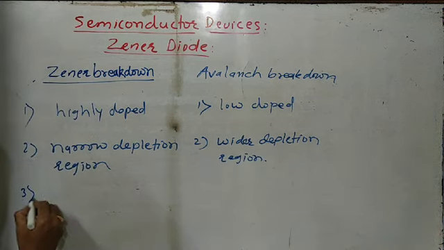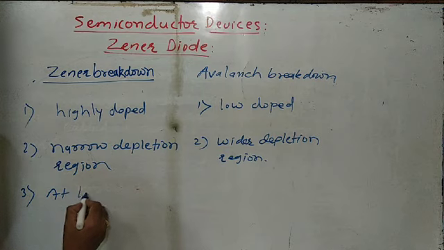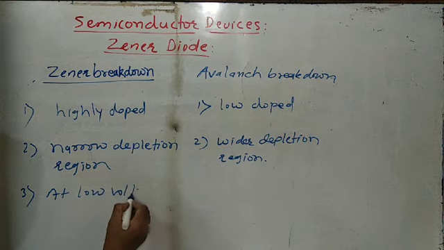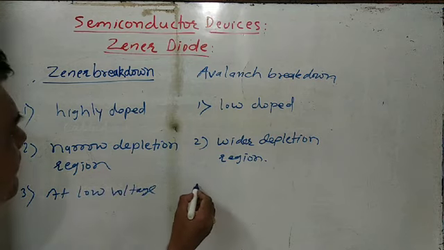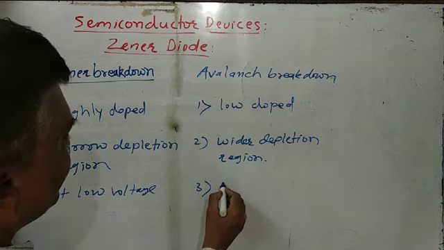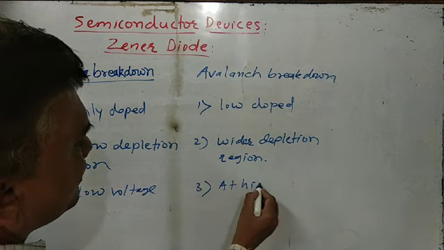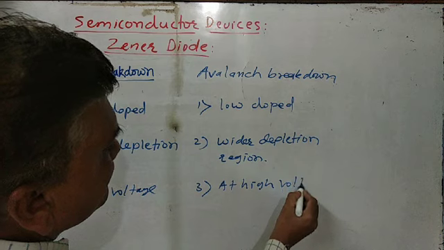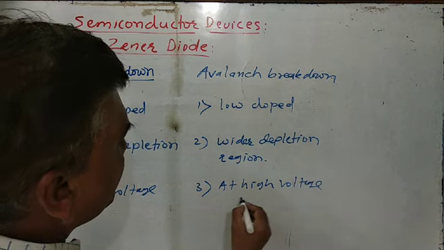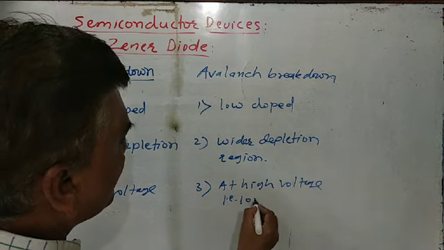Third, Zener breakdown operates at low voltage, about 6.5 volt, and avalanche breakdown operates at high voltage, about 10 volt.